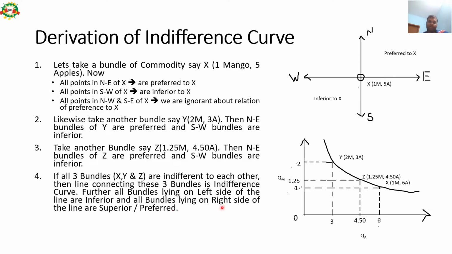Further, any combination of these two goods falling in the zone below this line will be inferior to bundles which are falling on this indifference curve. Likewise, all combinations of mangoes and apples which fall in the zone above this line will be superior to the combinations falling on this indifference curve.